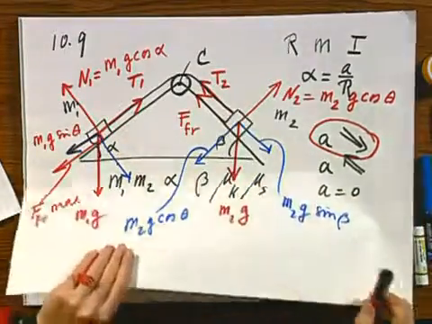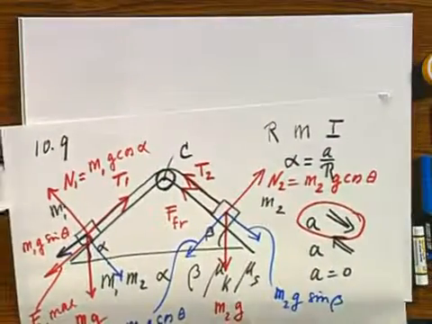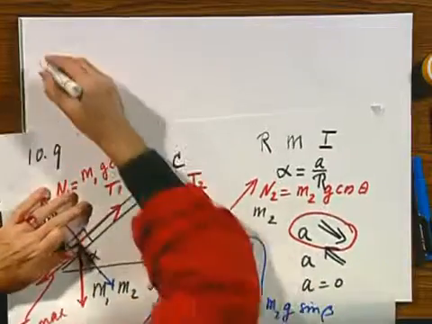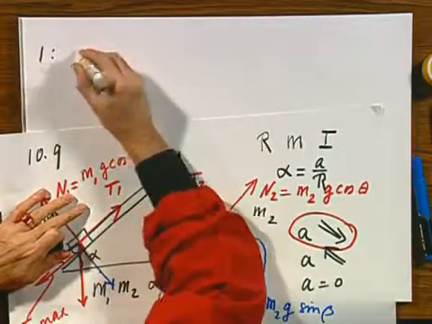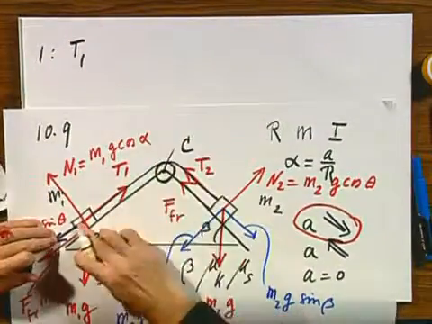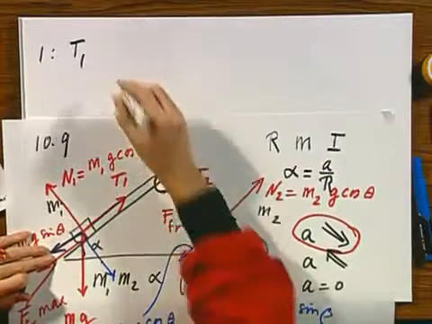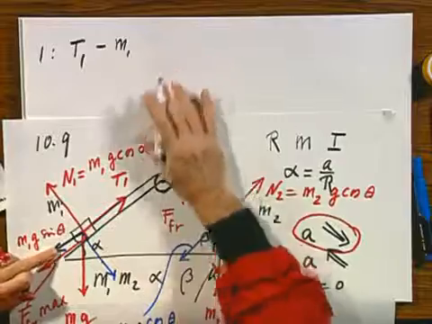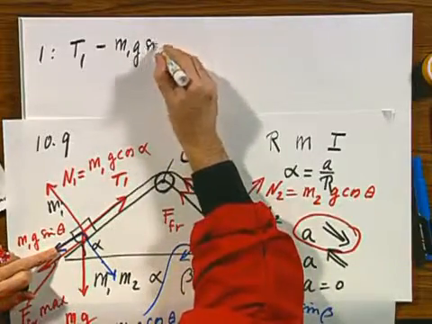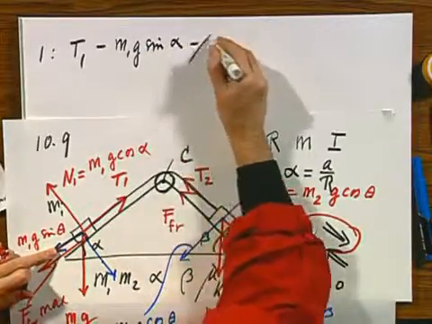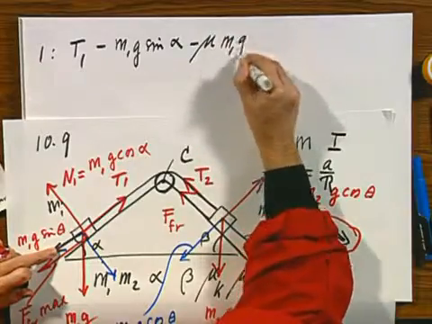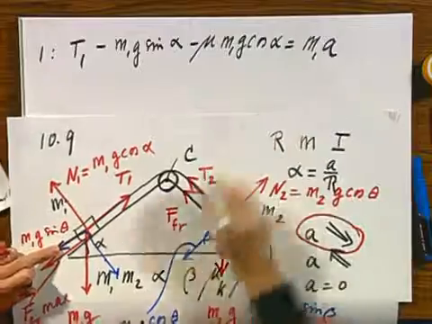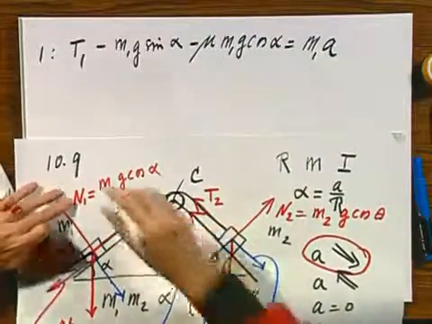Very well, so now we are ready to set up our differential equations. Quite a job actually. For object number 1, I have T1, which I call the positive direction, minus m1g sine alpha, minus mu times m1g cosine alpha. That must be m1 times a. That's the acceleration along the slope.